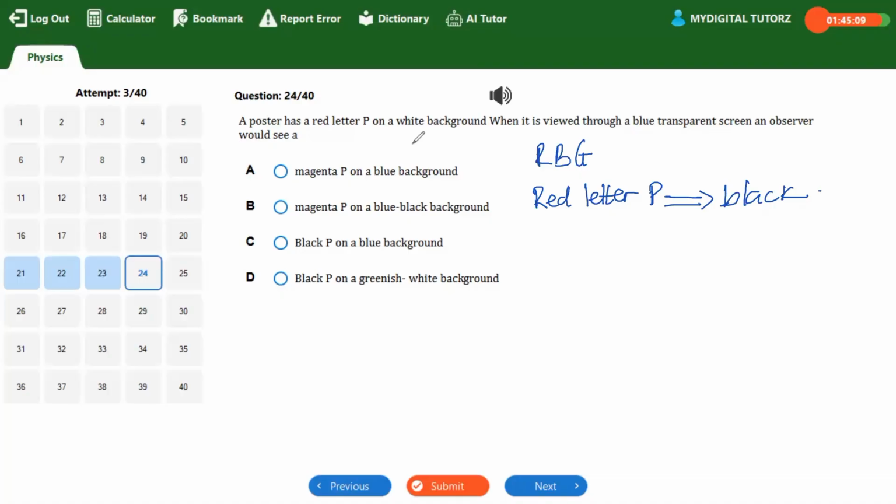Now, the white background reflects all colors, and in this case, the blue screen will only let blue pass through. Therefore, the white background will appear to be a blue background. So the letter will be black on a blue background. So that will give us option C to be the correct answer.